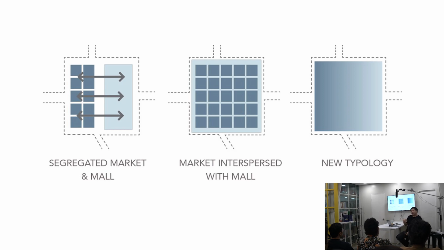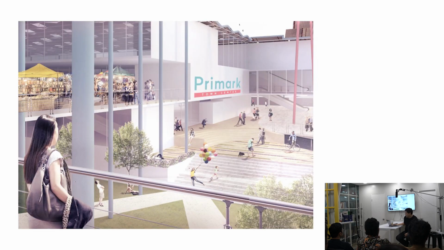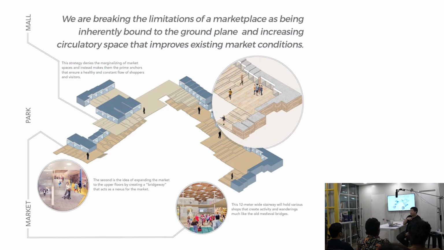And then we can almost create a new typology where you blend these things together, where you don't have hard lines between each program, right? And all these things center around this stairway or stairwell. And so our idea was, remember the bridge that we were talking about, the river lake, right? If you can insert program in a bridge, then the bridge becomes a hub and not just a crossing point, right?